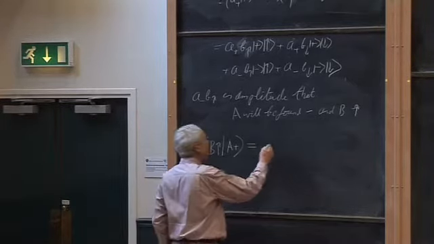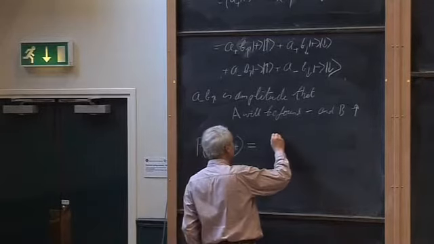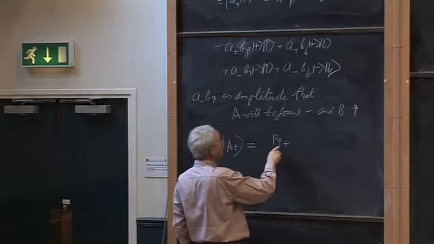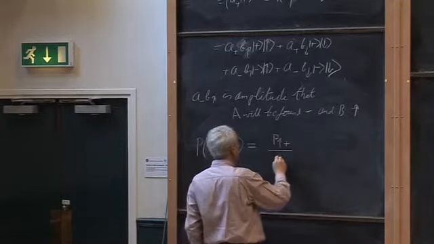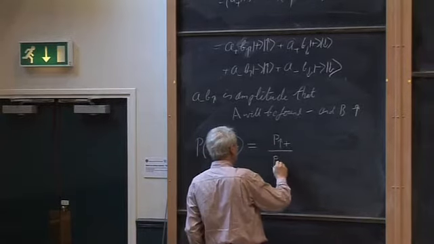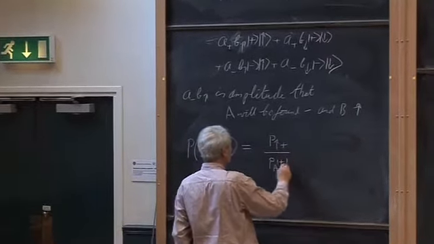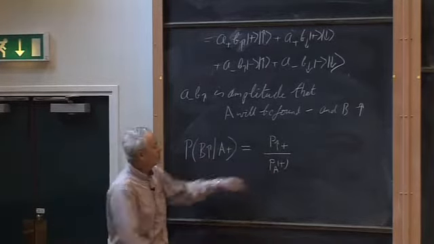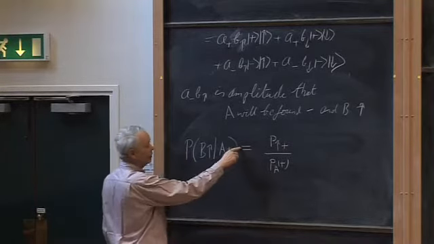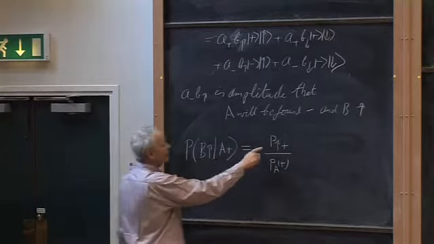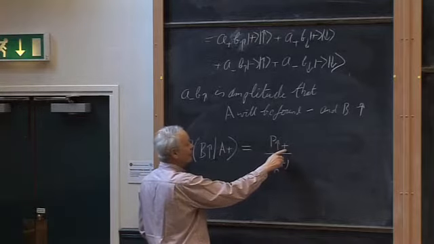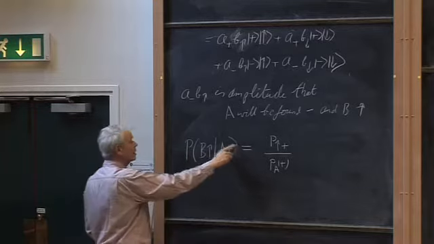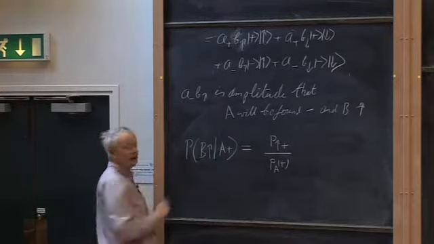Well, this is equal to the probability simply that we have up and plus over the probability that A is plus. Now why is that? If I move this here, then this would say that the probability of being up and plus is the probability of being plus times the probability that we get up given that we have plus.